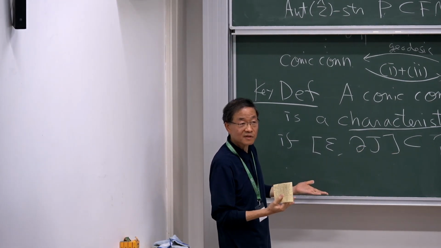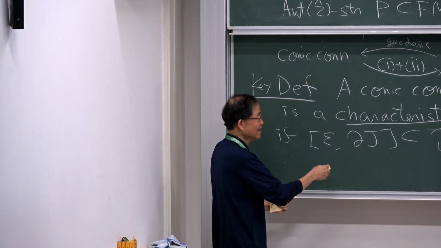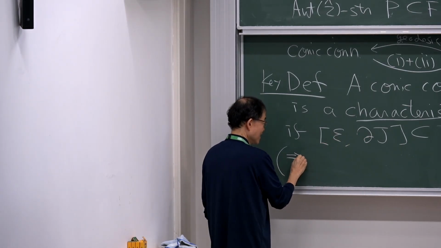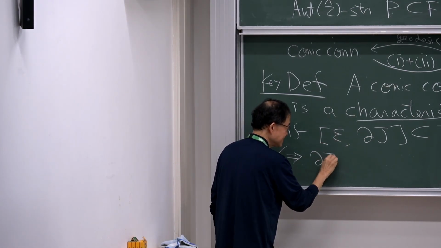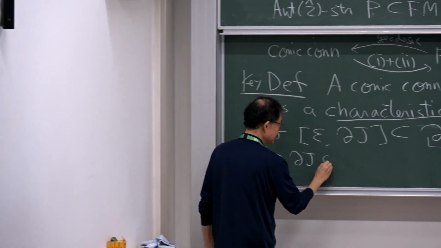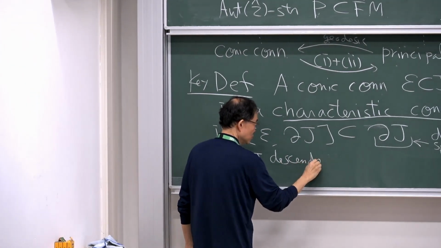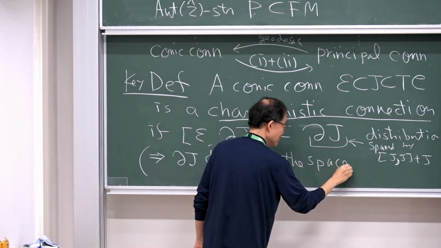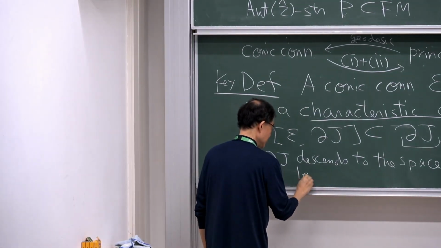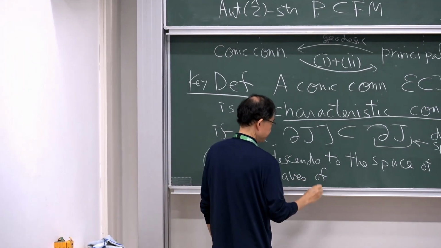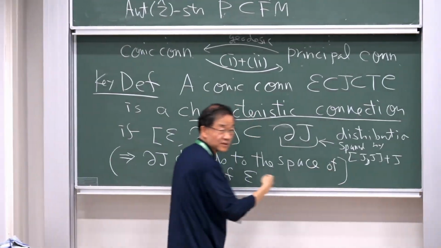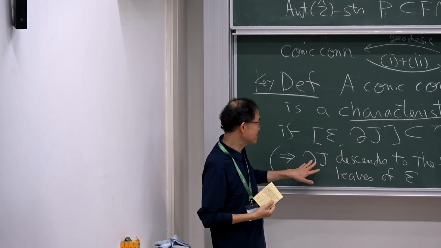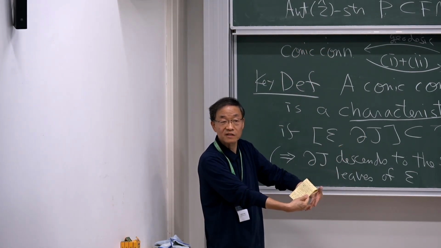Why is this important? This says that this system, this distribution, descends to the leaf space, the space of leaves of the connection. In other words, in terms of geodesics, this condition means that you have some interesting distribution on the space of geodesics.